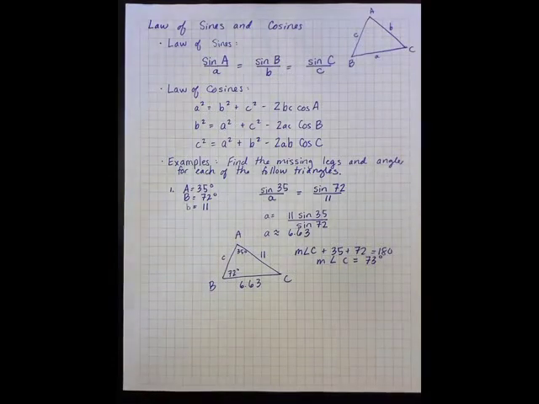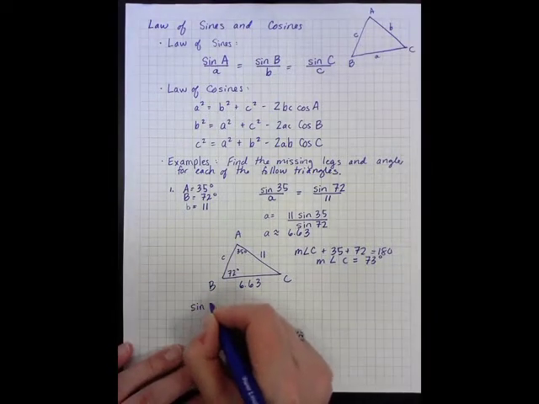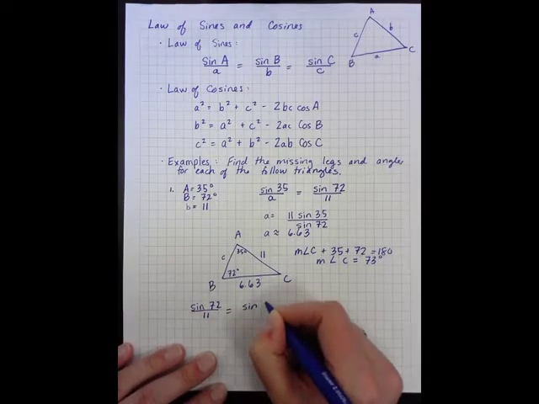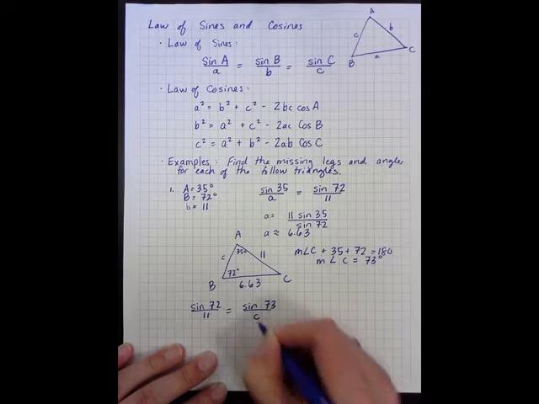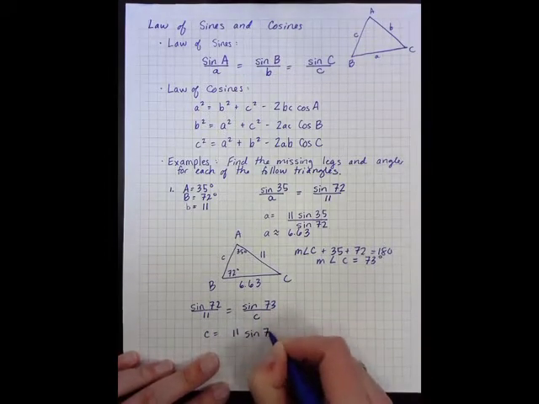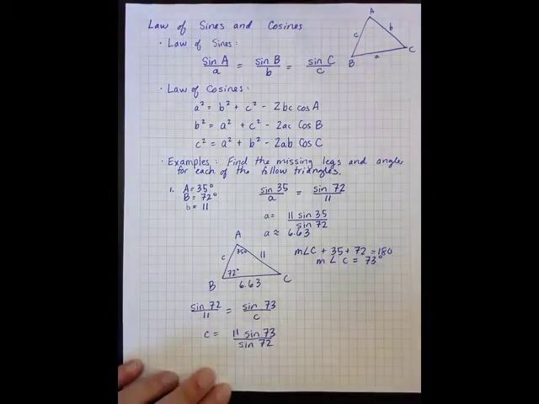And again, law of sines here works out really nicely. So sine of 72 over 11 is going to equal sine of 73 over C. And so C will be 11 sine 73 over sine 72.